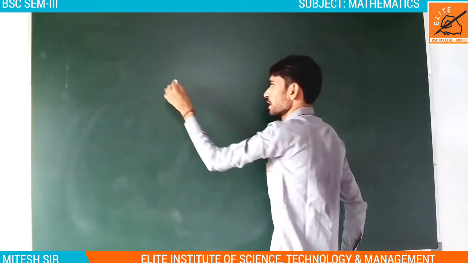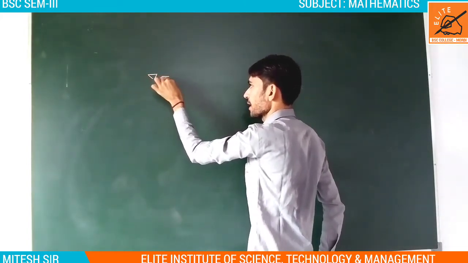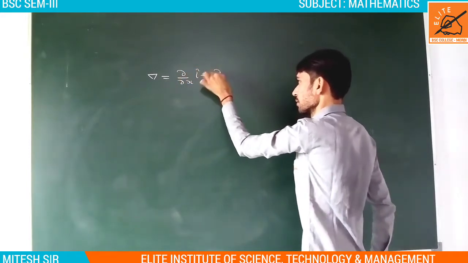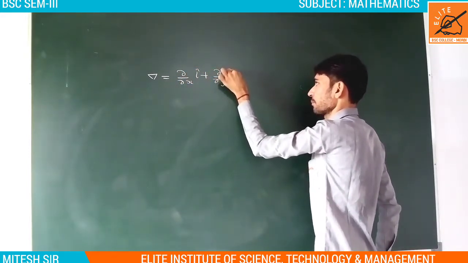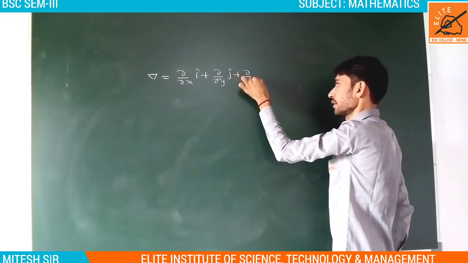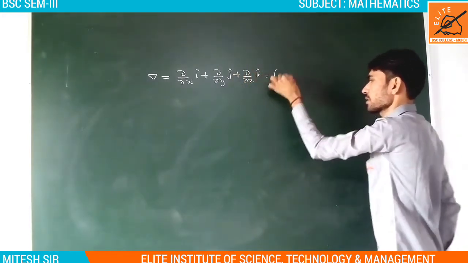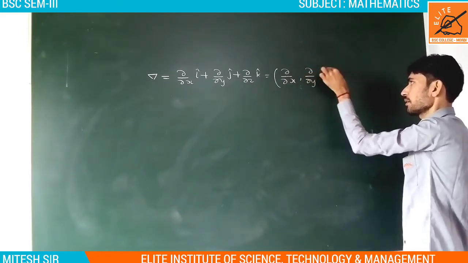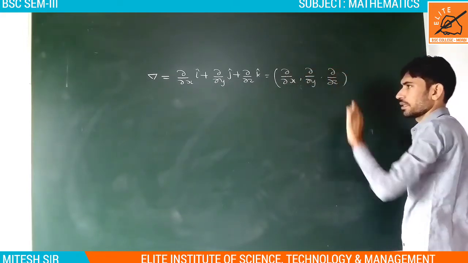As we know how to define the operator nabla. Operator nabla is nothing but del by del x i cap plus del by del y j cap plus del by del z into k cap, or we can also write as del by del x, del by del y, del by del z.